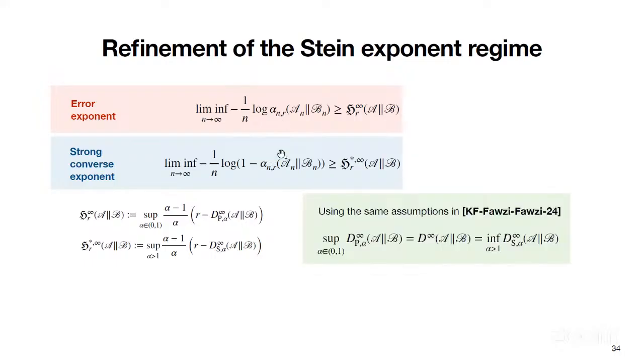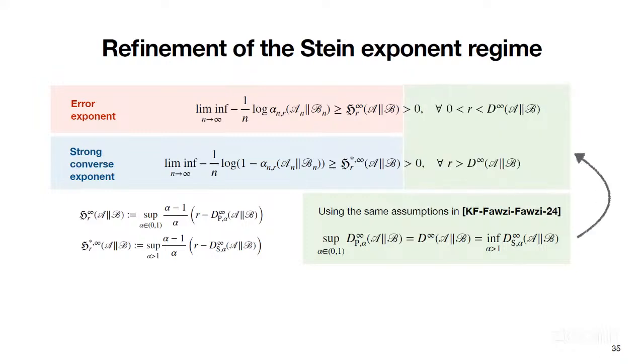If we apply the same assumption that we have for the Stein's exponent setting, we will essentially have a continuity for this regularized divergence with respect to alpha. If you take the supremum over alpha, the alpha divergence will converge from below to the regularized relative entropy, and the infimum over alpha will converge from above to the regularized relative entropy.